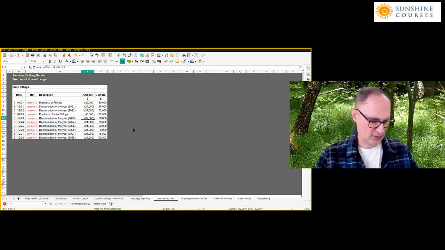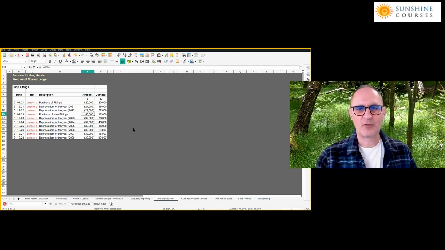Our depreciation has gone up to £32,000. But look what happens at the end of year 5. If you remember, that was the year in which our fixed assets had gone to zero. But at the moment, we've still got £16,000 of fixed assets.